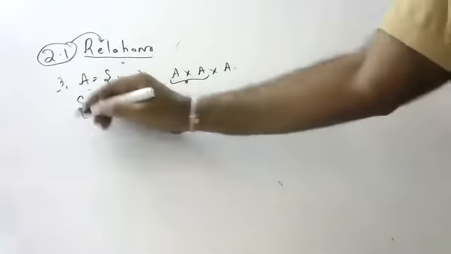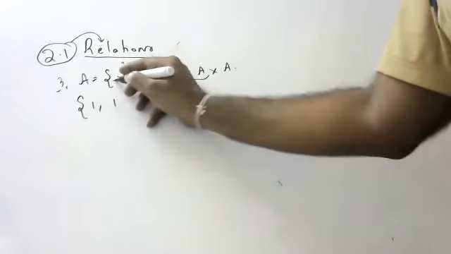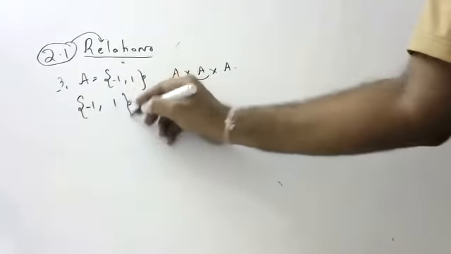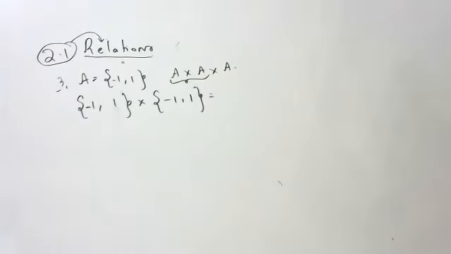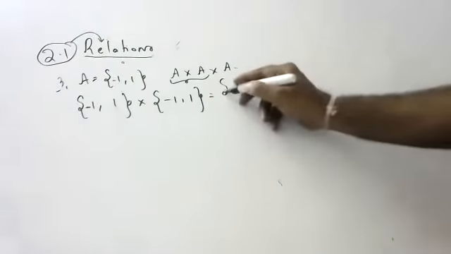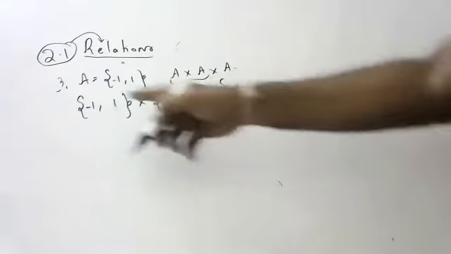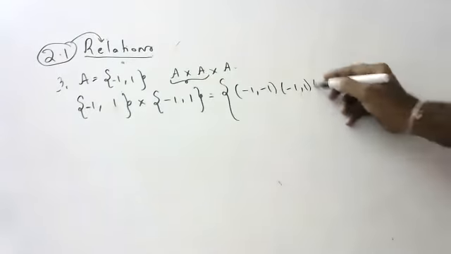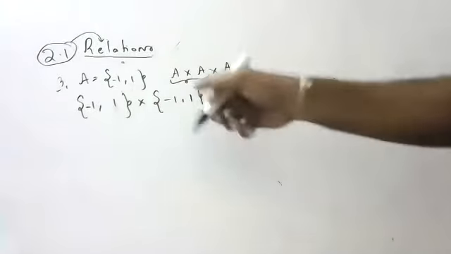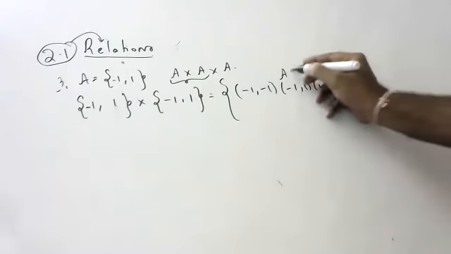This is -1, 1 cross -1, 1. What is the answer? (-1,-1), (-1,1), (1,-1), (1,1). This is A cross A.